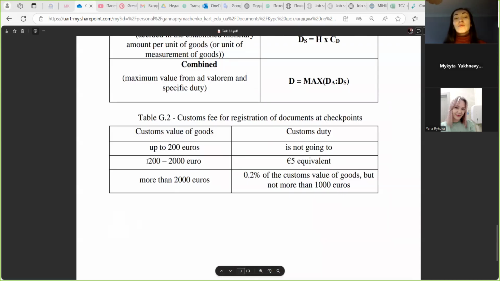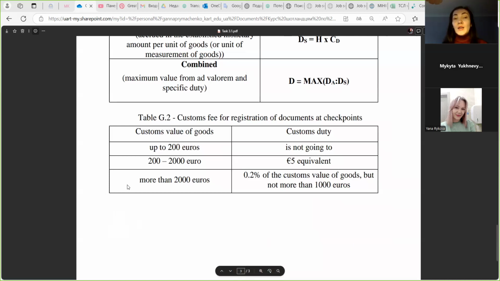For example, if it is up to 200 euros, we don't need to pay customs duty. If it is from 200 to 2,000 euro, we need to pay only 5 euros. And if we have more, we need to pay 0.2%.